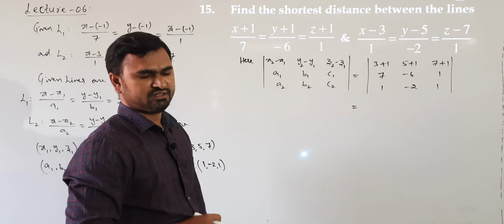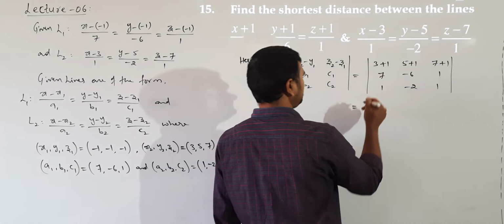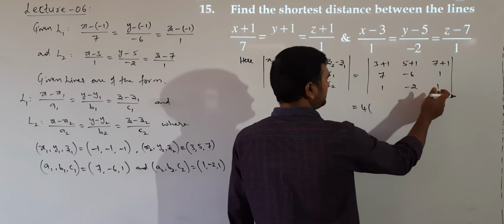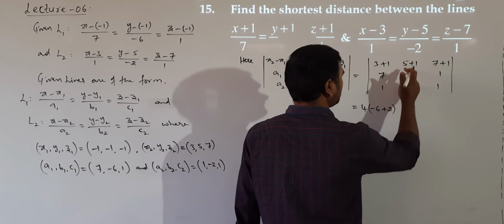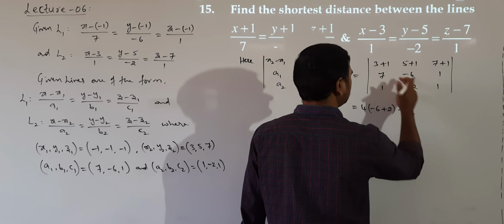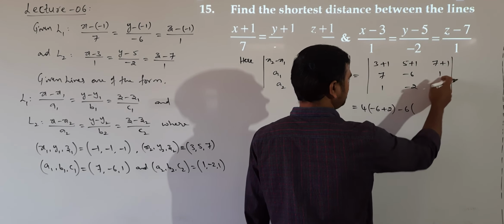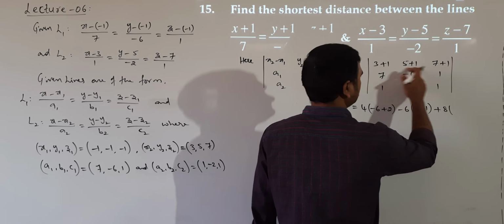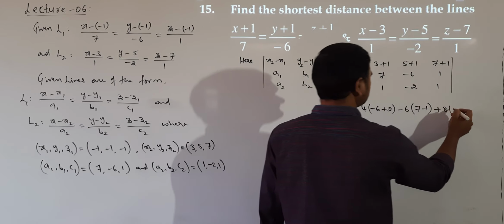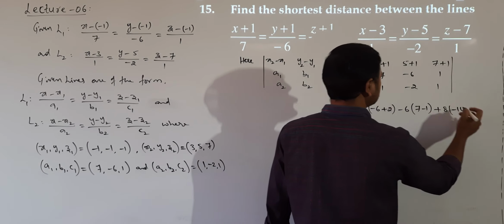Now we know how to evaluate determinant. It is 4 into minus 6 plus 2, minus 6 into delete first and second column 7 minus 1, plus 8 into delete first and second column minus 14 plus 6.